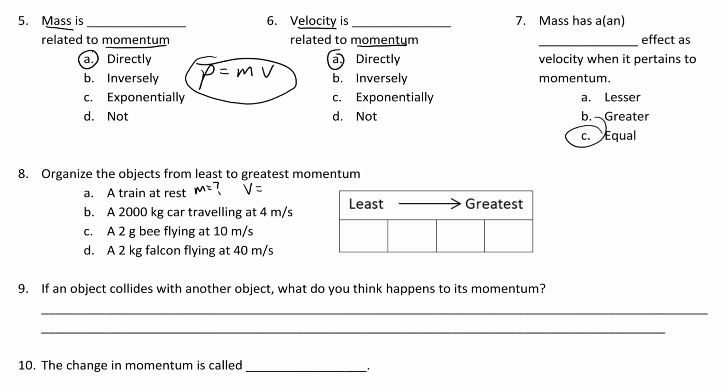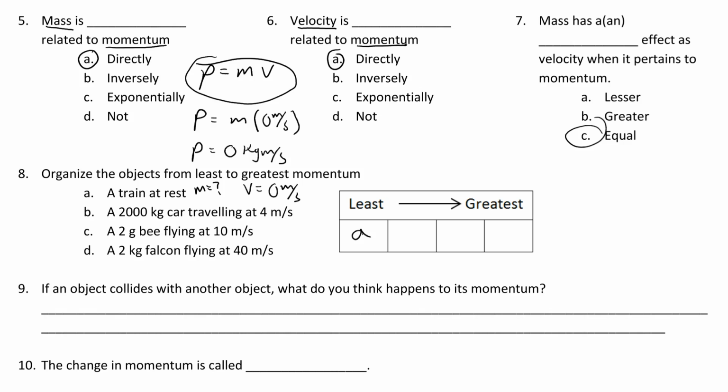The velocity is equal to 0 meters per second. So you could use your equation here. p is equal to m times 0 meters per second, and you can see that the momentum is equal to 0 kilogram meters per second. Doesn't matter what the train's mass is. If you're not moving, you don't have any momentum. So A is first. It's the least, the train.